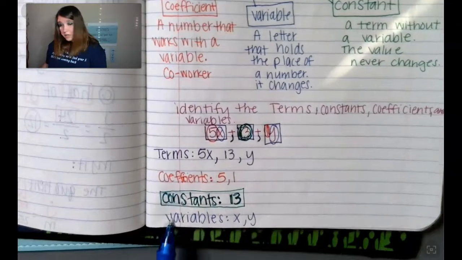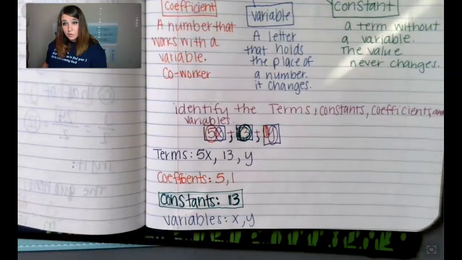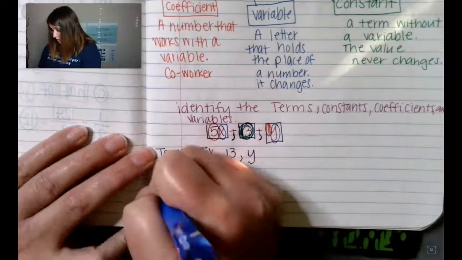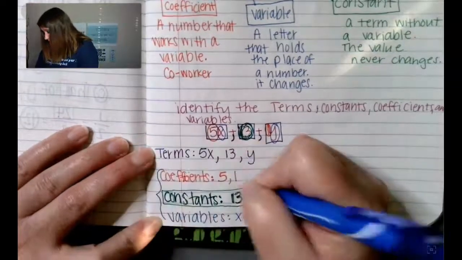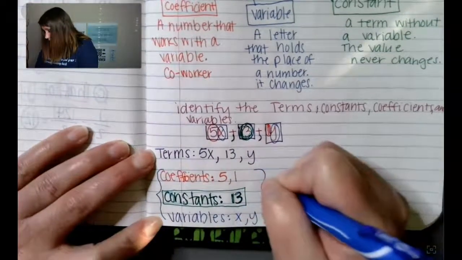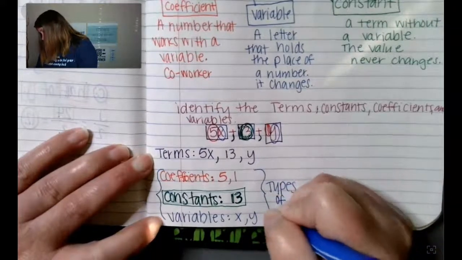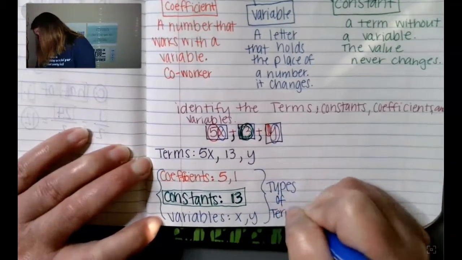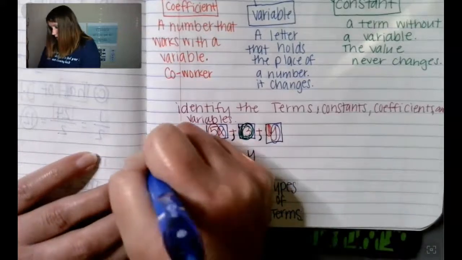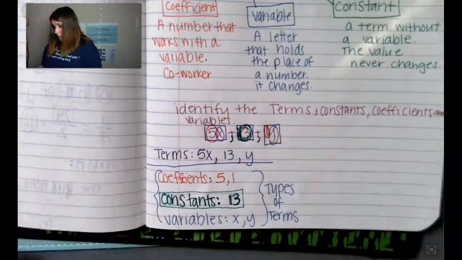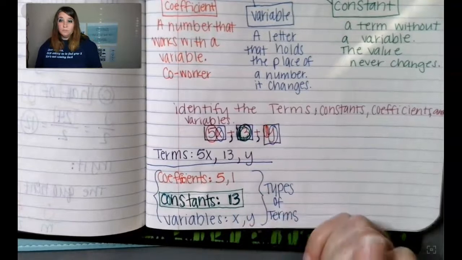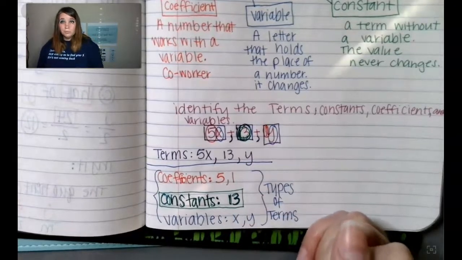These are the parts. These are the types of terms that they are. So these are the types. And all of those are the terms. And then we just sort them out. That's it. That's all you do.